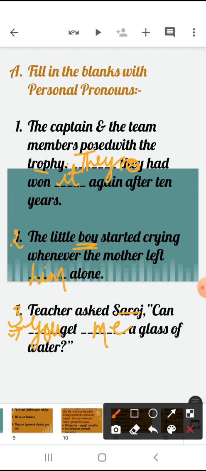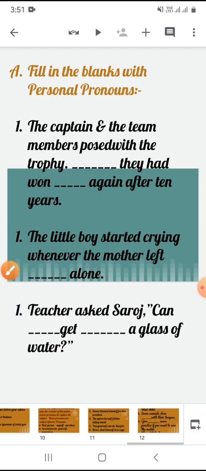Teacher asked Saroj, can you get me a glass of water? So in the first, second, and third sentences, whatever words we have written, these are all personal pronouns, whether for third person, second person, or first person. Okay. Now next.